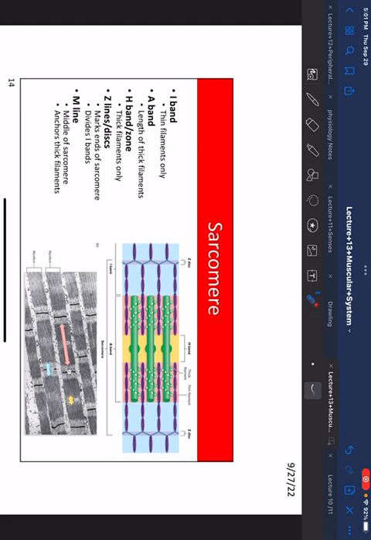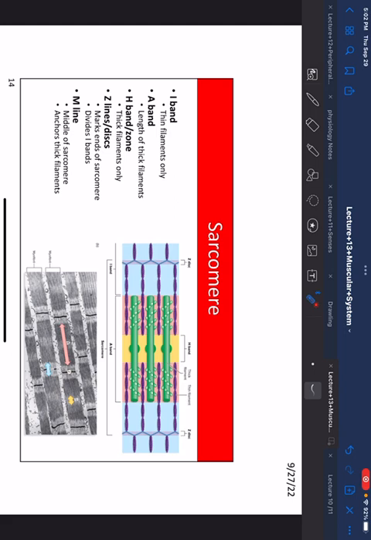So between the Z discs, this represents one sarcomere that contains thin and thick filaments. If we look at a muscle underneath the light microscope, you can see the Z disc here, and thus this would represent one sarcomere. Here's another Z disc, and thus this would represent another sarcomere, and so on and so forth.